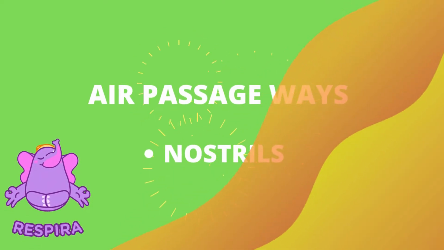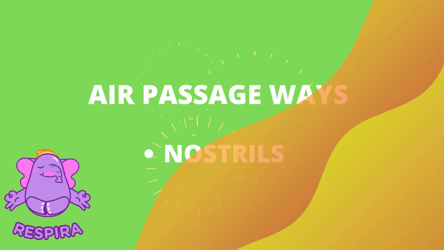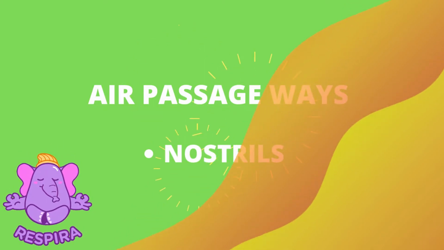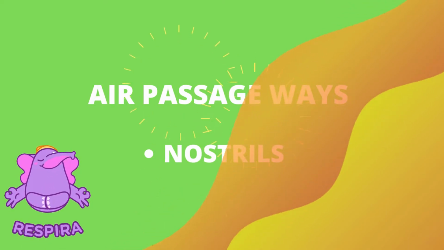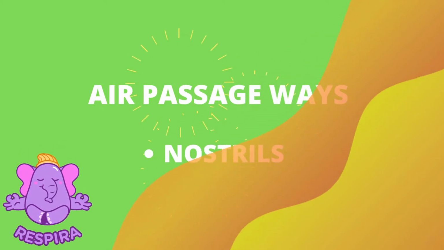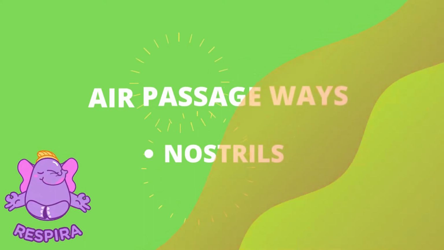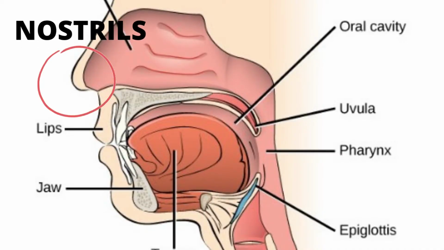The first component of the respiratory system of man is air passageways. Air passageway consists of nostrils. Here you can see nostril.